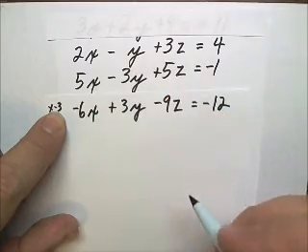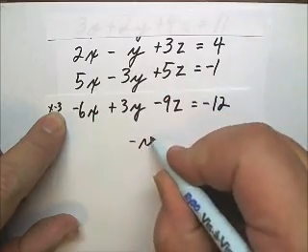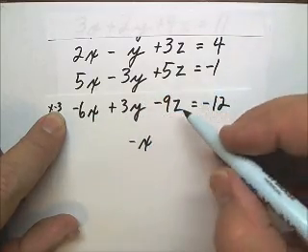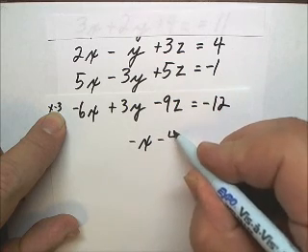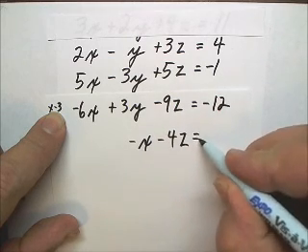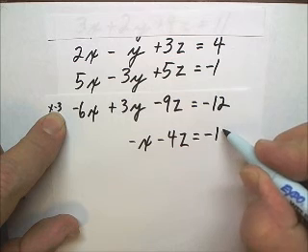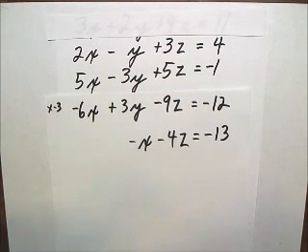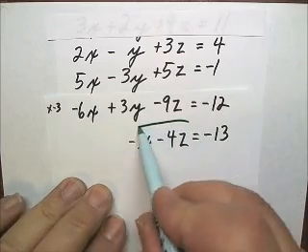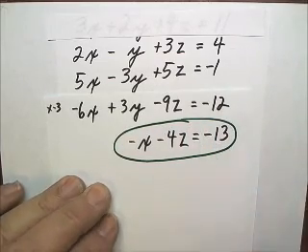So here I end up with negative x, the y's cancel, minus 4z equals negative 13. So this is the second equation that I'm working with.